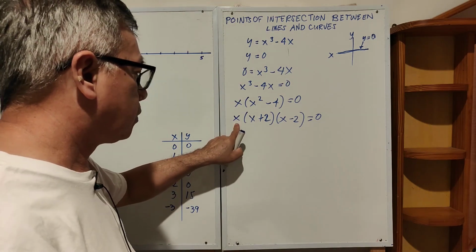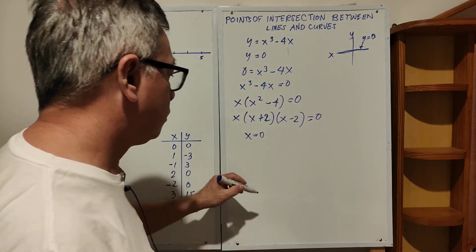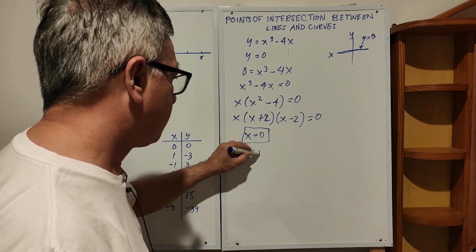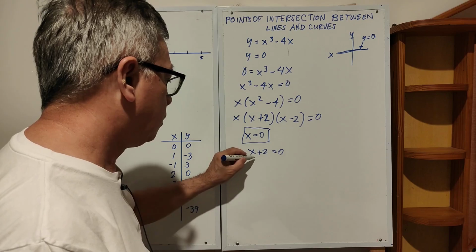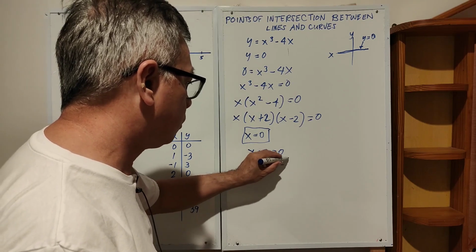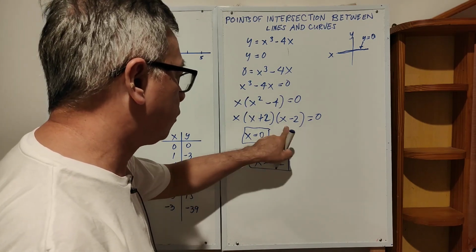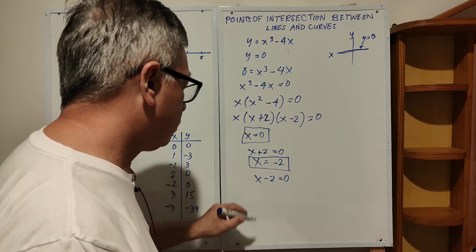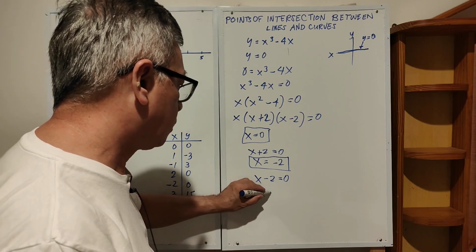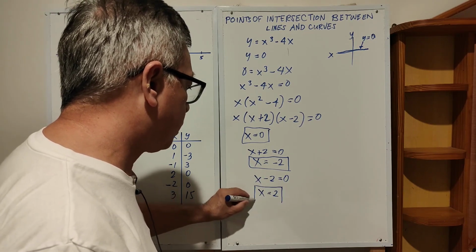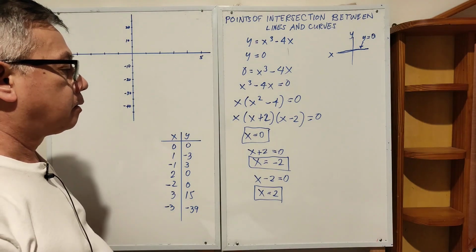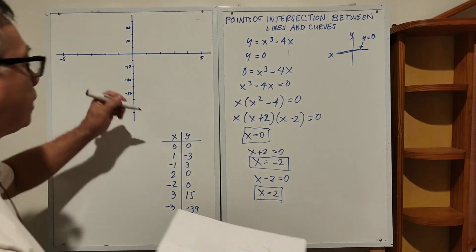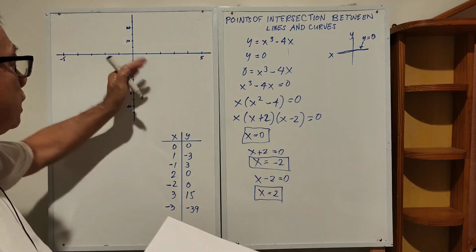If we equate x to 0, that is your first point. If we equate x plus 2 to 0, x is equal to negative 2. And if you equate x minus 2 to 0, x is equal to 2. So you have 3 points of intersection. These 3 points will be along the curve, which is like a snake.